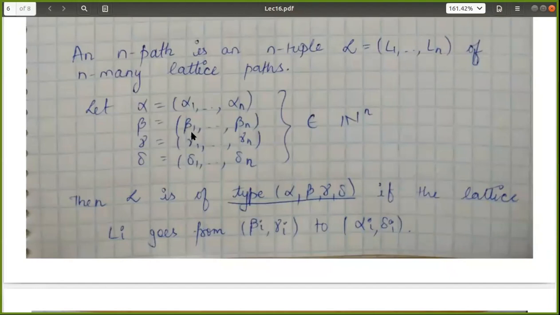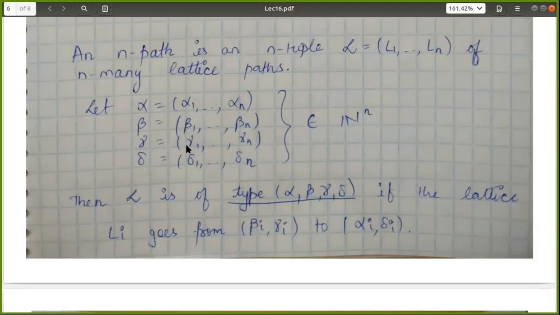So these points you're collecting from here. Even though these elements look like they are in N raised to n, all of these lattice paths are living in N raised to 2, correct? Because beta i is a natural number, gamma i is a natural number, alpha i is a natural number, delta i is a natural number.